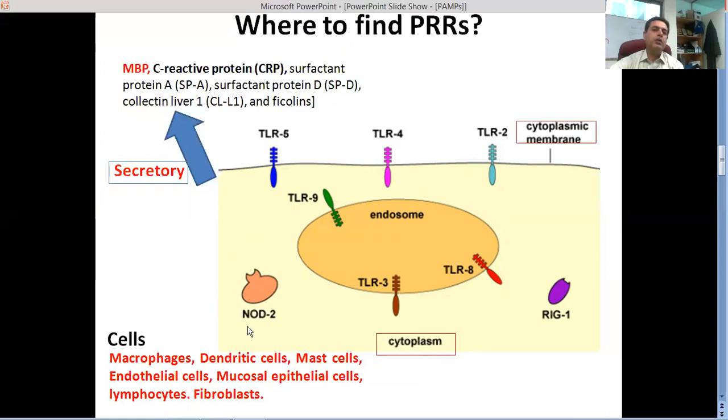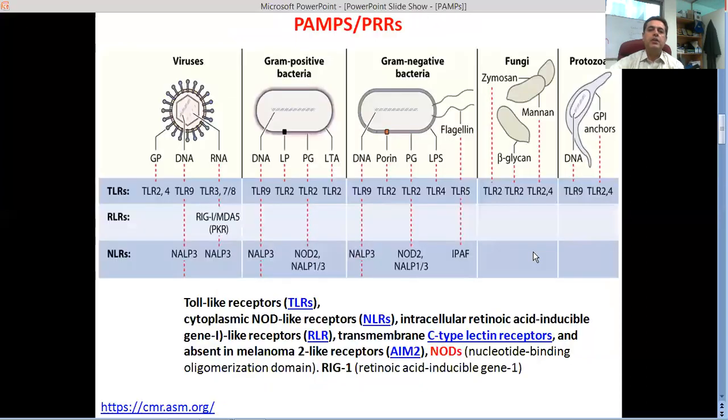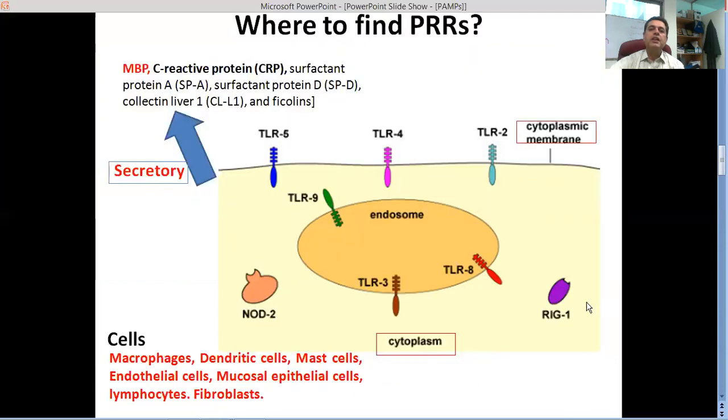These include the NOD-like receptors and the RIG1 receptor, as I told you about it in the previous slide. So these NOD-like receptors, the nucleotide binding oligomerization domain, and RIG1, the retinoic acid inducible gene 1, these are PRRs which are present in the cytoplasm.